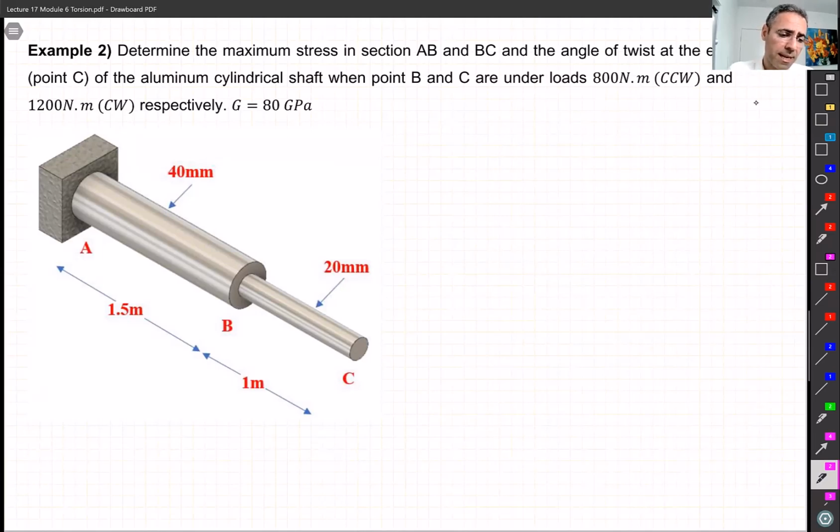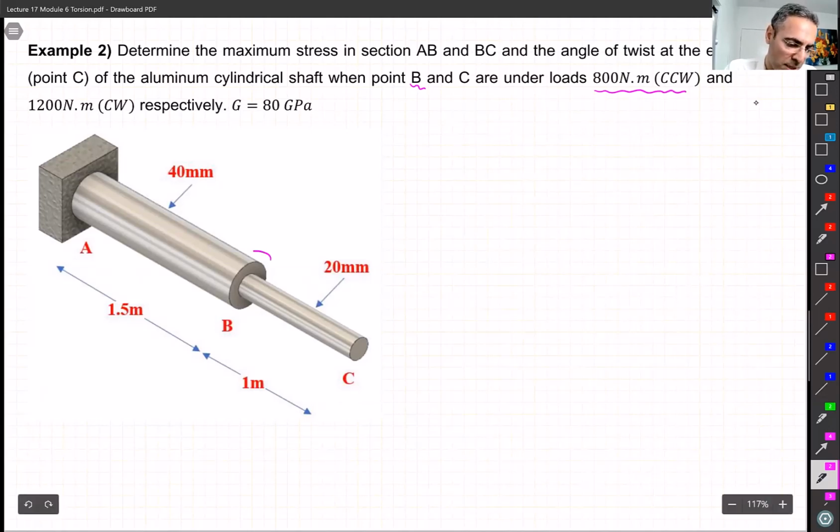Also it says that the whole shaft is made out of aluminum, we have G, that's good, but we apply basically two torques. One is at point B, which is 800 counterclockwise.